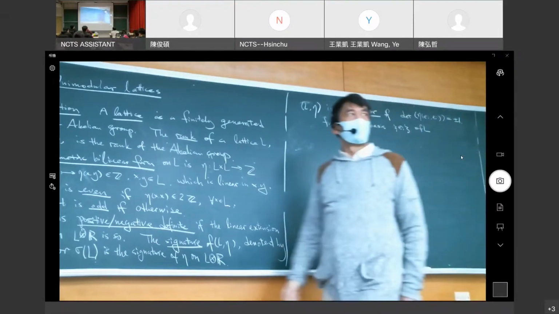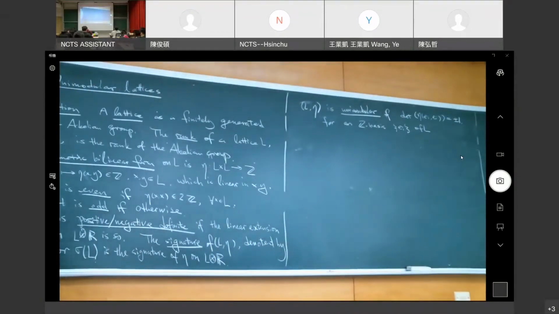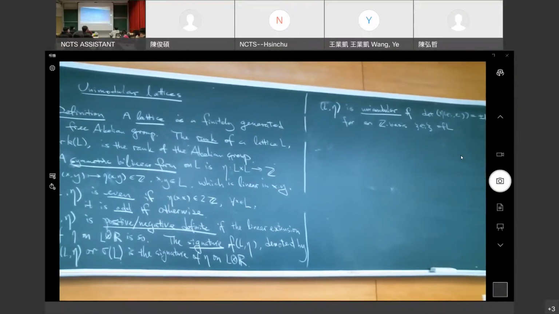And once this is true for one Z basis, it is true for every Z basis. Okay. So that's some simple definition.